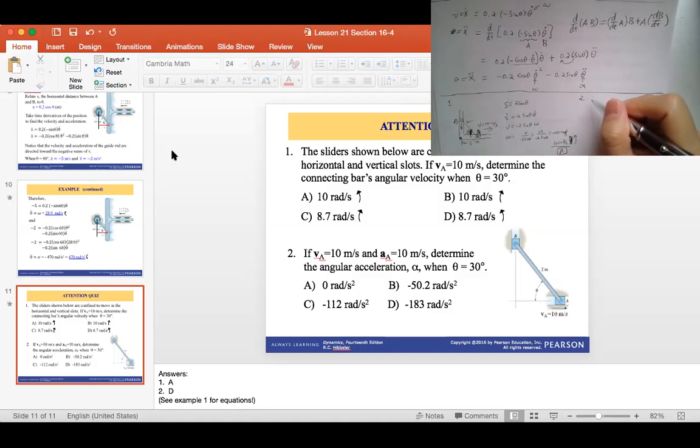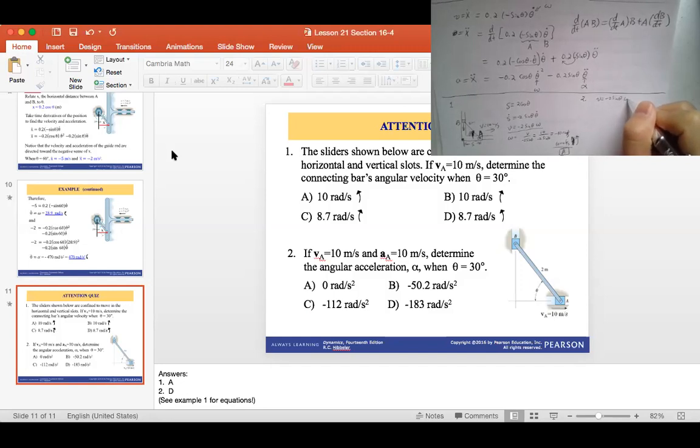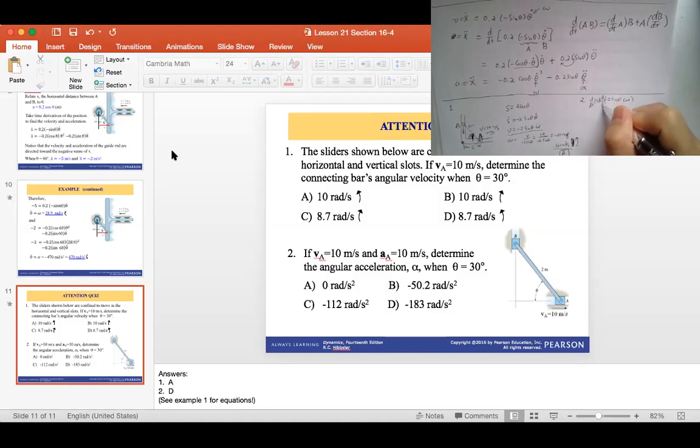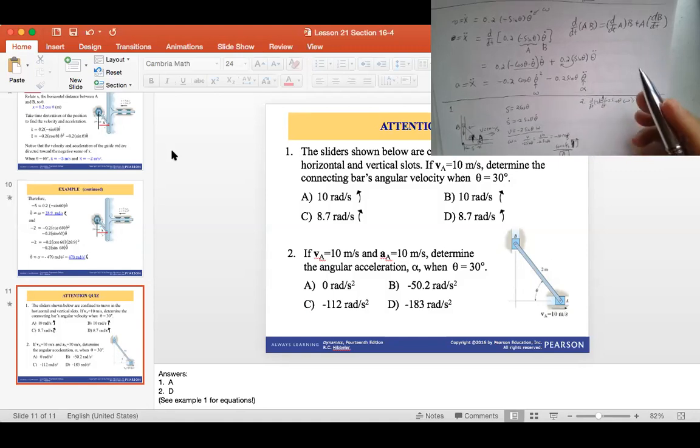On B, you are doing the second time derivative. That means you take this expression, V equals minus 2 sine theta omega, and do d over dt on this side and d over dt on the other side. This will be similar to what we did before for the concept quiz.